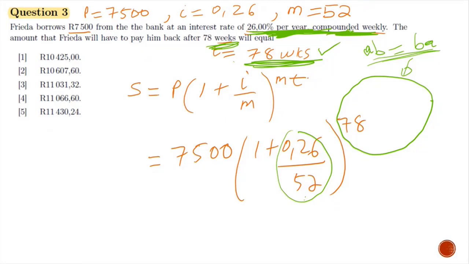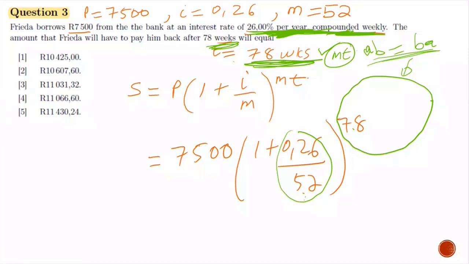The only thing that needs to be converted in this context is the rate, because it is per year but compounding weekly. So we need an equivalent rate that is weekly, which is this one. This has already been done for us by whoever set the paper. That's what I'm trying to say here. This is already your M multiplied by your T. It's already been converted for us.